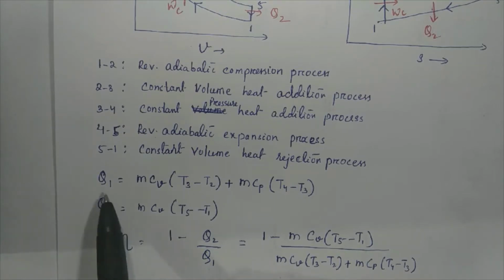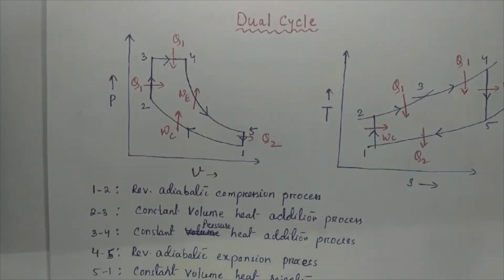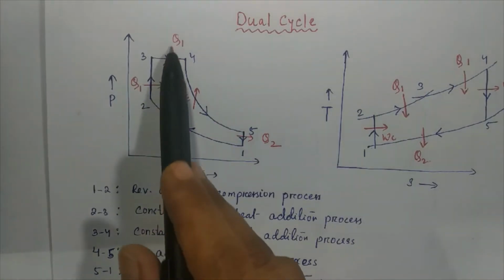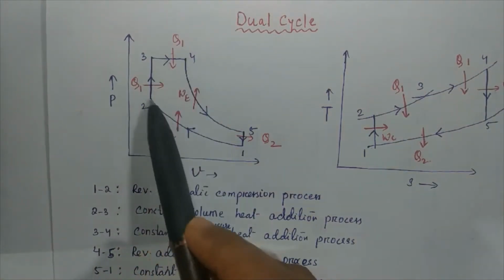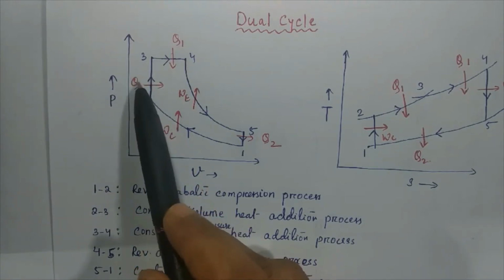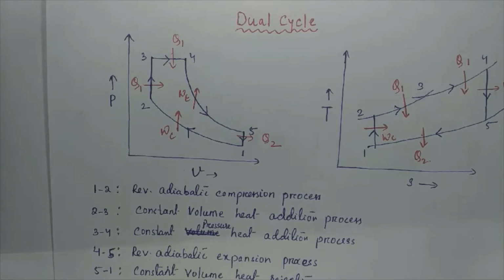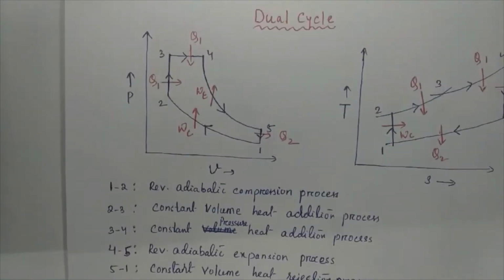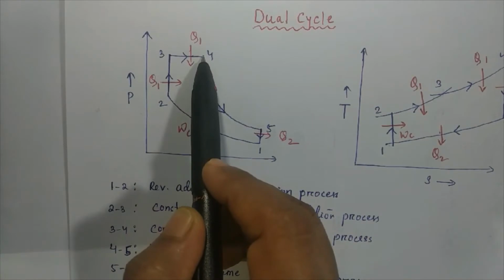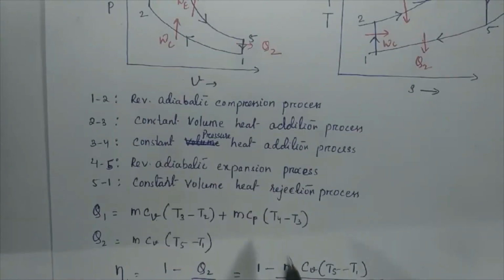For Q1, in the PV diagram, heat is added in the 2 to 3 process and the 3 to 4 process. For 2 to 3, the magnitude of heat added is m Cv (T3 minus T2), plus, for the 3 to 4 process, where heat is again added, m Cp (T4 minus T3).